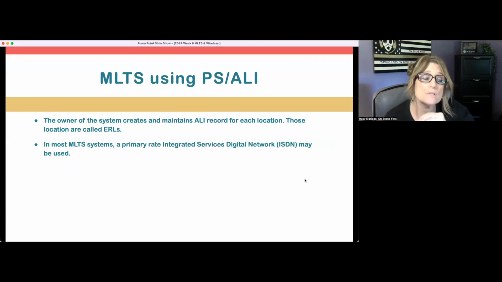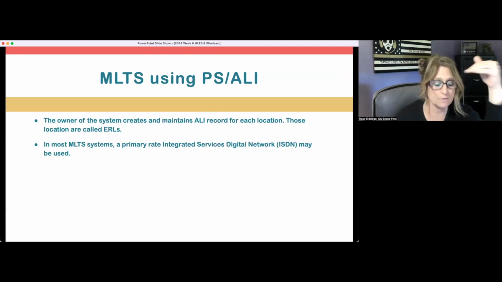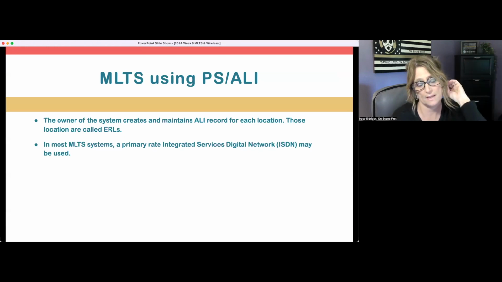Today, in most MLTS systems, a primary rate integrated services digital network, an ISDN, may be used. That's how most MLTS systems are being used, through a digital network. We're going to break down an ISDN at another time. We'll talk about them when we talk about SS7, Signaling System 7 networks, as well as the ISDN networks.